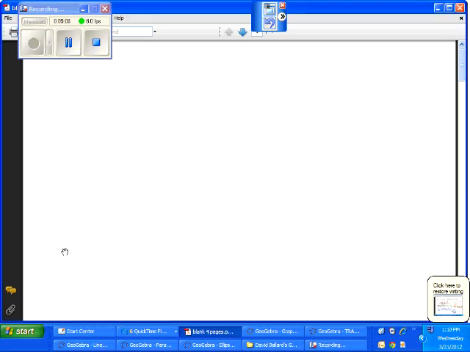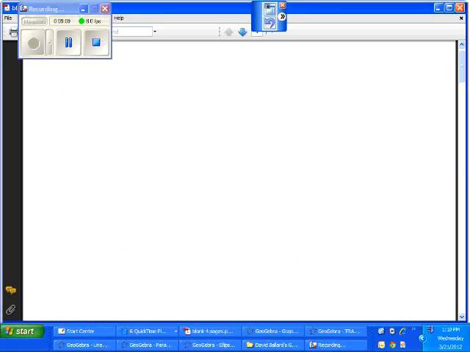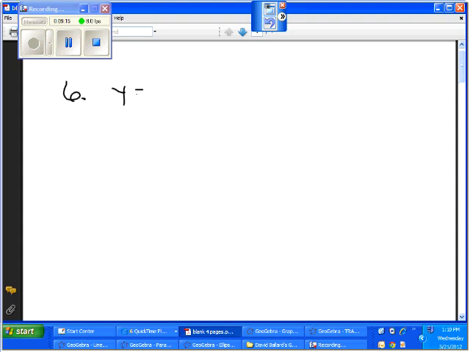Okay? So, on number 6, I'm not going to go through all that shifting the graph thing. We're just going to build a table. We have y is equal to cosine of x within the interval of negative 5 pi is less than or equal to x is less than or equal to negative 3 pi.